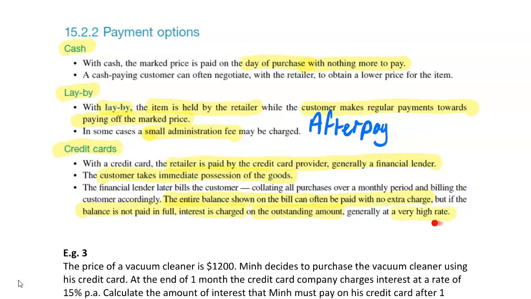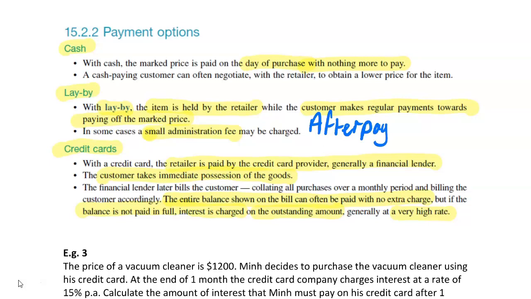Yes, that is incredibly true. So to put in perspective, your normal sort of mortgage and savings account, they're somewhere between 3 and 4% per annum interest. A credit card is around 16% per annum interest. So it's at incredibly high rates.